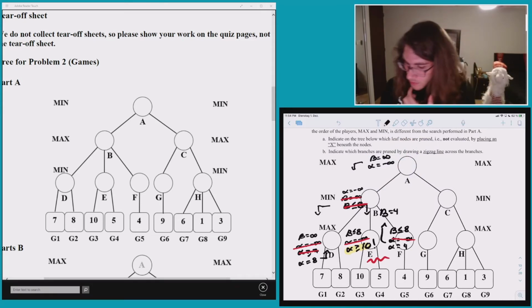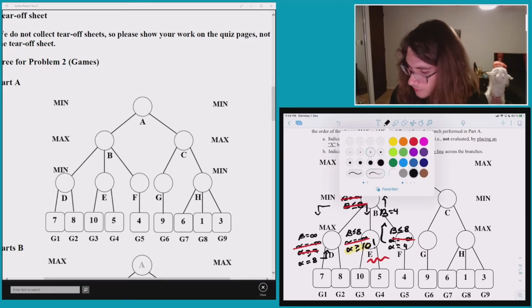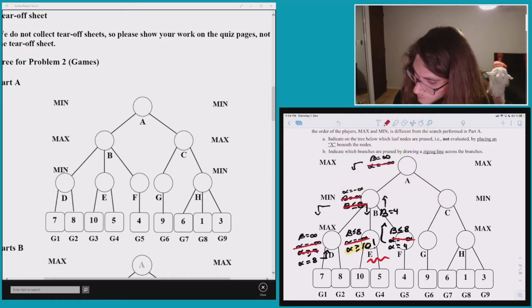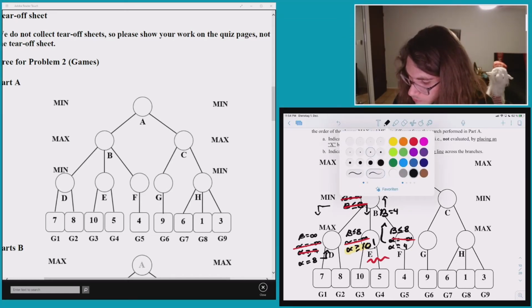And that means at the top level, alpha is greater than or equal to 4. Now let's go to the next subtree, the right subtree.